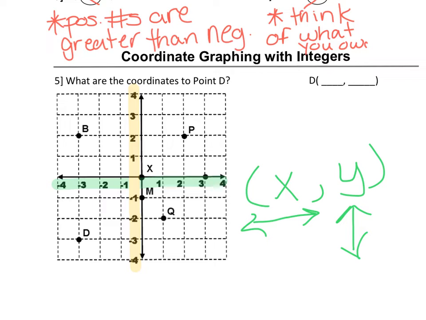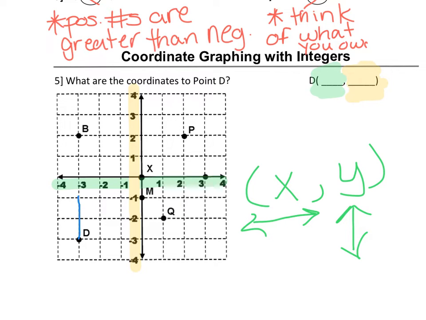So we're going to look here. We want our X value for D. So we've got to see, okay, where does D line up on my X number line? So the number I highlighted green. And then we'll find the number we highlighted yellow, okay? So let's go to our X number line first.